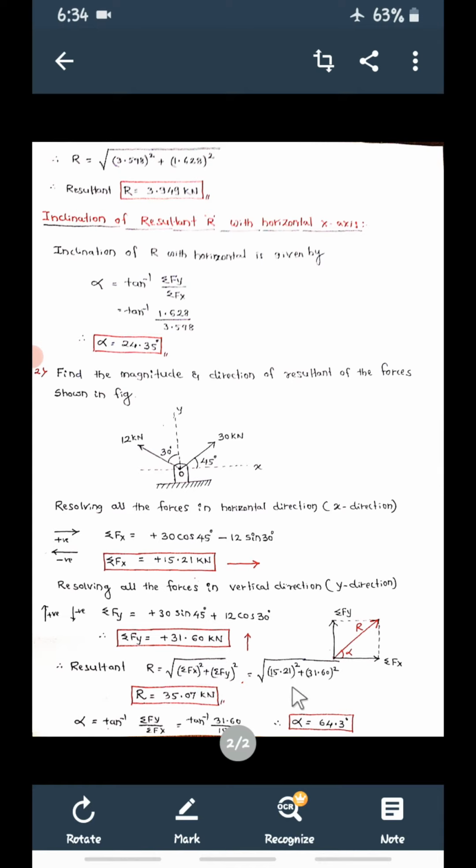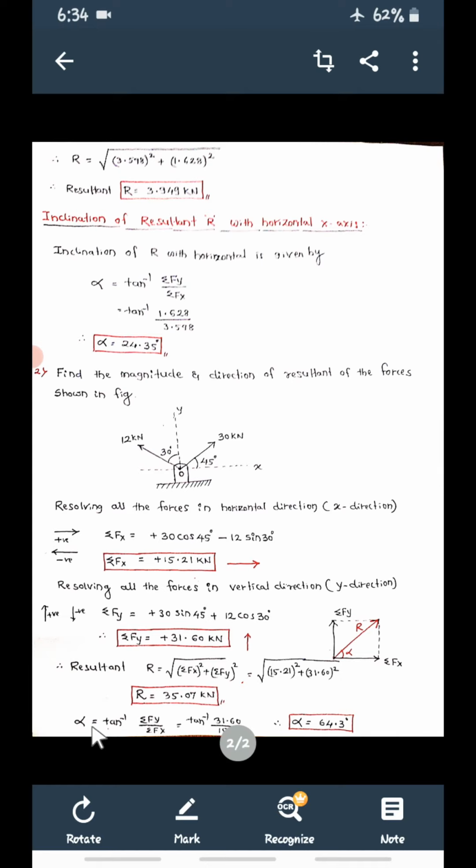Substitute these values. So resultant R is equal to 35.07 kilonewton. Whatever the unit of the forces, the same unit will be there for the resultant. Then alpha is equal to tan inverse of summation Fy divided by summation Fx.